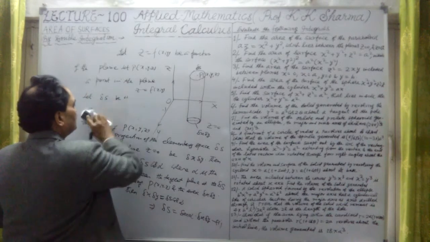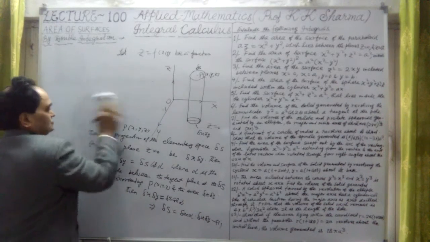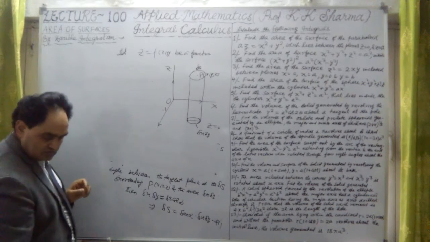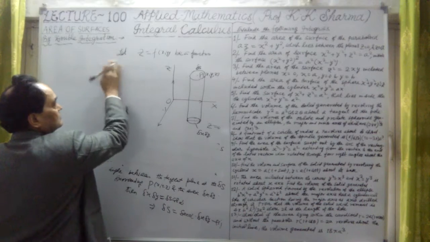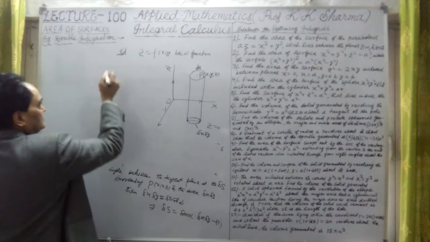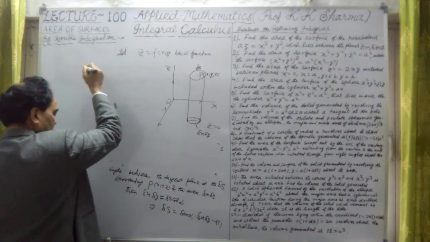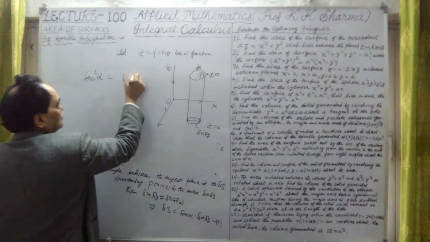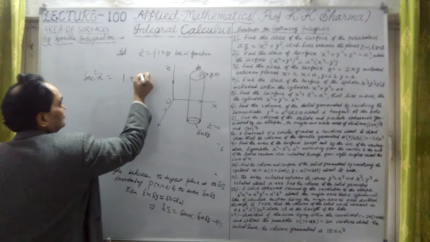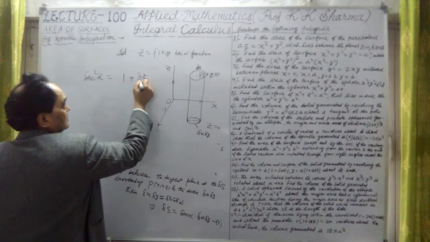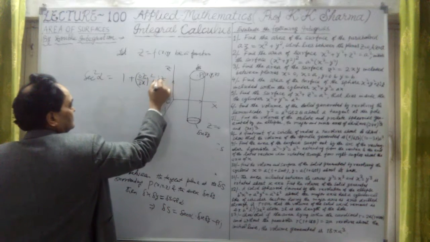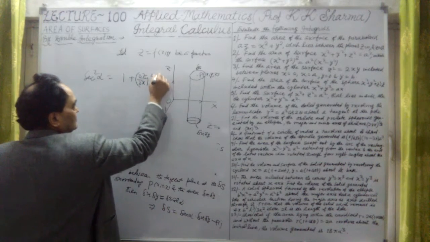Now from coordinate geometry, as discussed in three-dimensional geometry, we know that secant square alpha is equal to 1 plus del z upon del x whole square plus del z upon del y whole square.